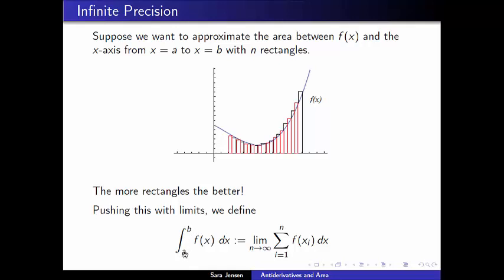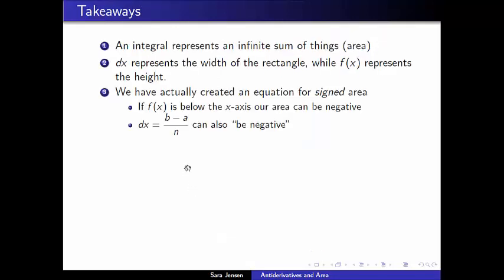So it's very possible that we could see a definite integral with a larger number down here and a smaller number up here. If the A value is larger than the B value, then when we perform this computation, B minus A, I'm going to get a negative number here, and this whole expression dx will evaluate to something negative.